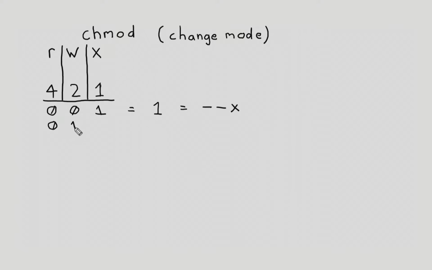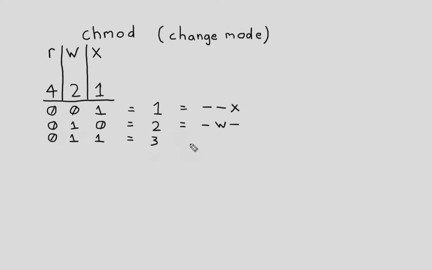0, 1, 0. That is equivalent to 2, which equals no read, yes write, no execute. 0, 1, 1.